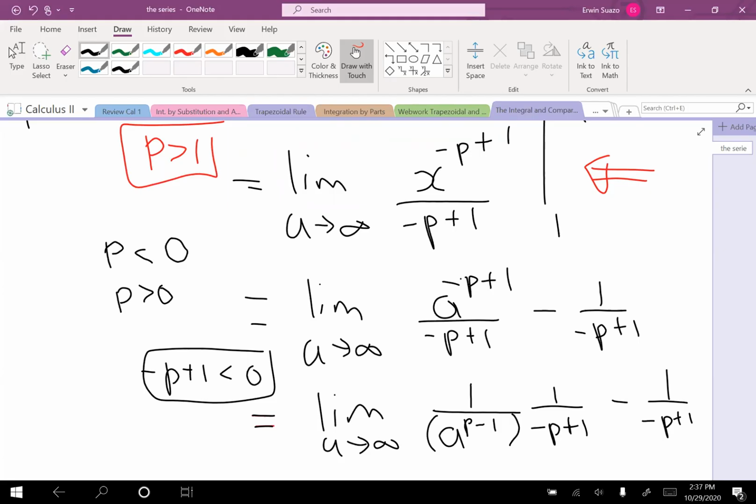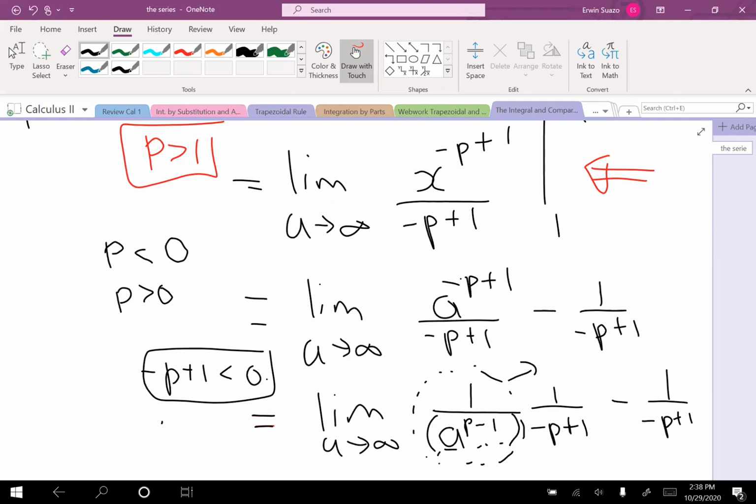So this guy, when a goes to infinity, where is it going? It is 1 over something that is going to infinity. This is a to the power p minus 1. p minus 1 will be positive.